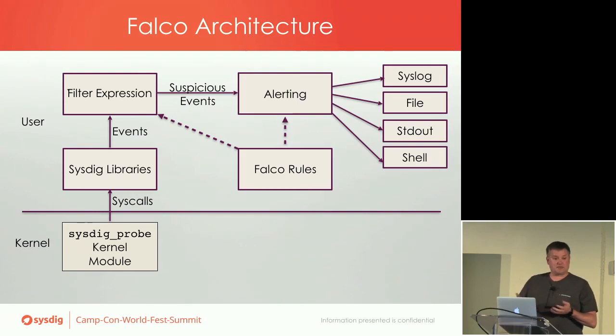But let's say something does match one of the rules, so it's some suspicious thing that you want to know about. The second way that the Falco rules kick in is they help define the alerting message.